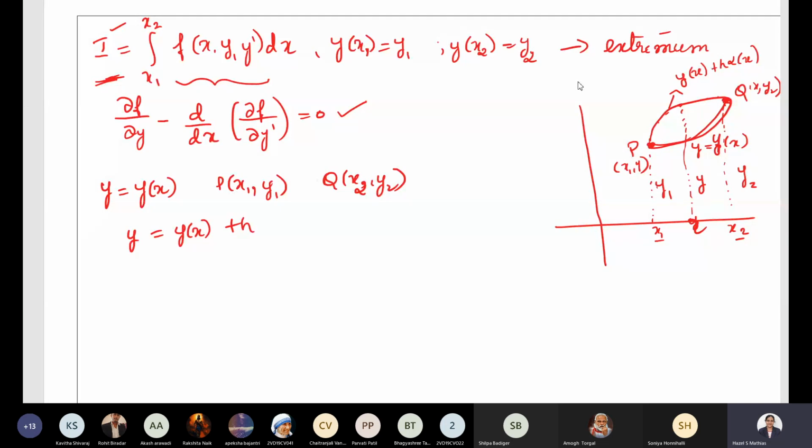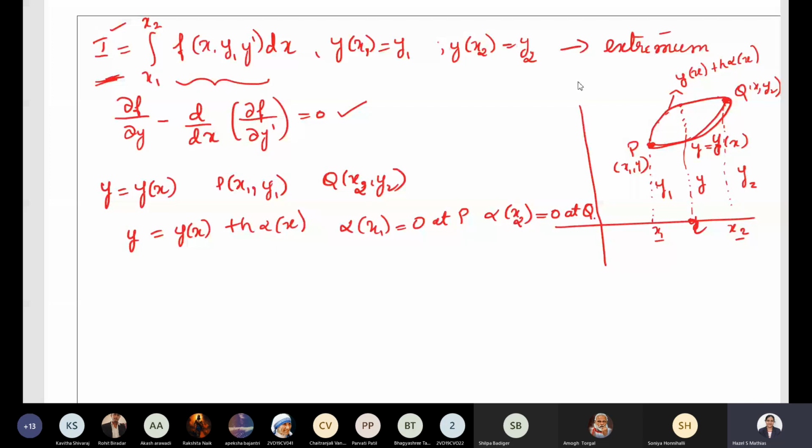This is our other curve, the neighboring curve which joins the points P and Q. Just check this: we have considered the curve y equal to y of x plus h times alpha of x, the neighboring curve joining the points P and Q. So if these two curves have to be equal at the end points, then we must have alpha of x1 equal to 0 at P and alpha of x2 equal to 0 at Q. Okay, so now what happens?